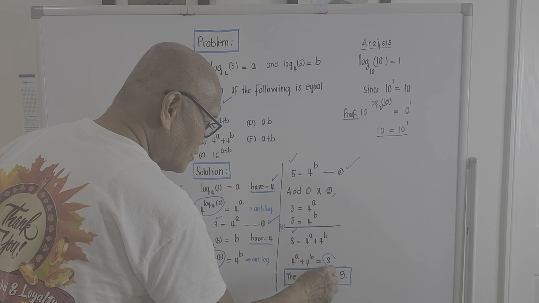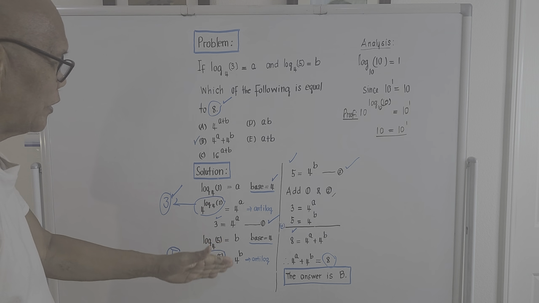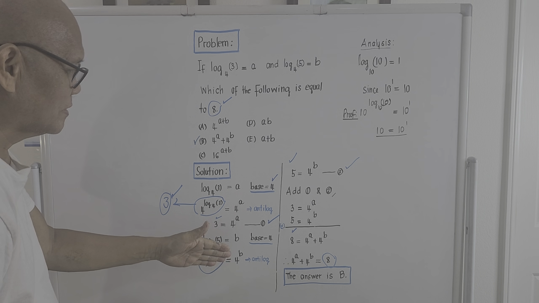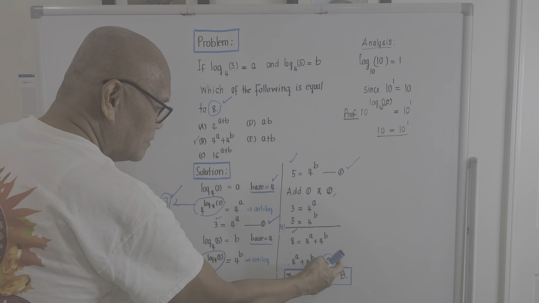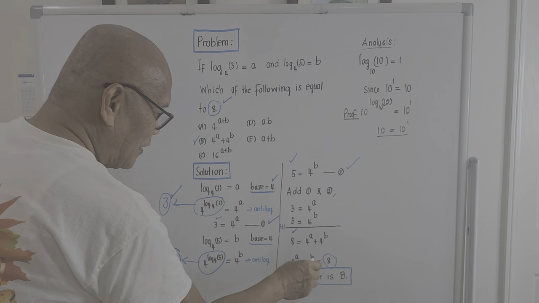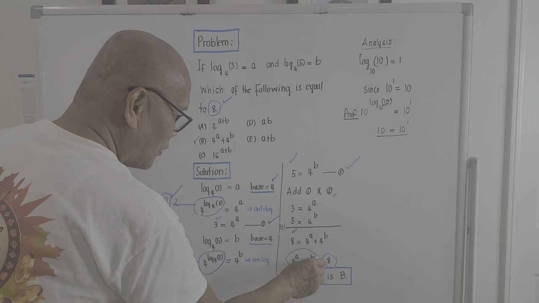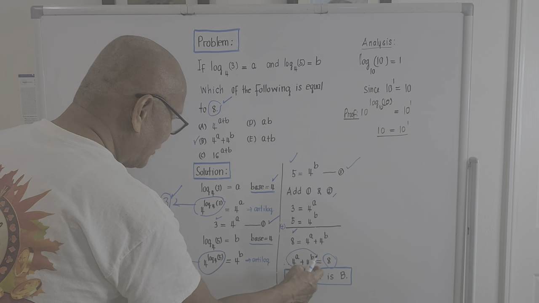Okay, this is 8. And the problem is asking which of the 4 answers will give us the value 8. If we take note, the left hand side is actually 4 to the a plus 4 to the b.